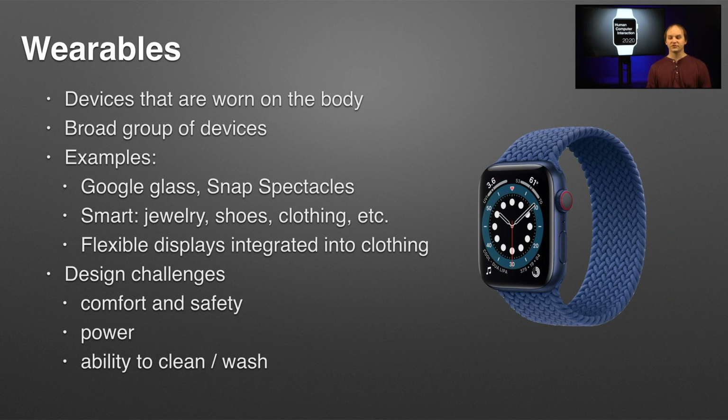We see smart shoes that have sensors in them to track things. I mentioned the clothing earlier. We also see display technologies starting to get to a point where they can actually be integrated into clothing. So a lot of interesting input and output is being done with wearable items.